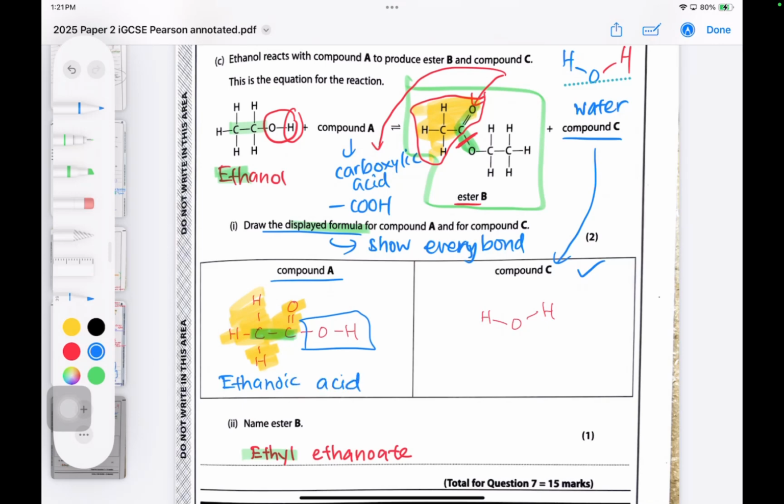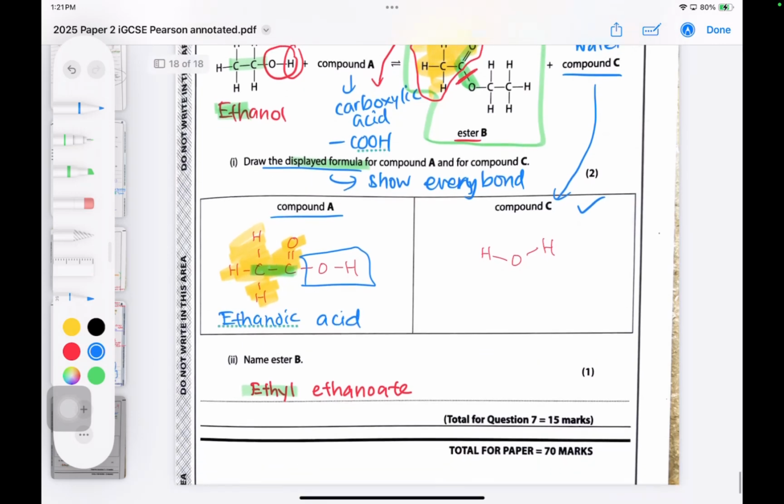Both of them have two C's each. So the final name of the ester, the beginning part, will come from the alcohol, which is ethanol. But we change the ethanol to ethyl, YL, and then the second part comes from the carboxylic acid. So if the carboxylic acid is ethanoic acid, it will become ethanoate. Okay, so that's our last 15 marks.